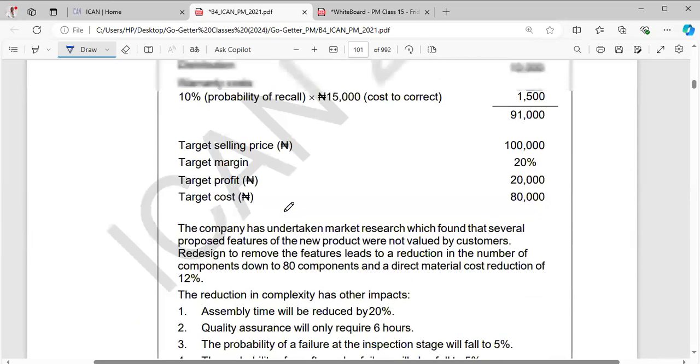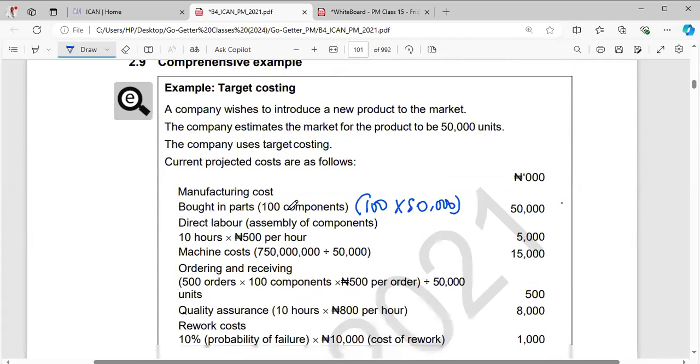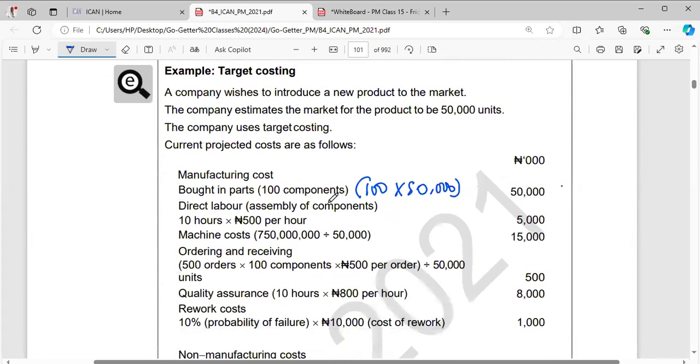So we need to rework this. Instead of 100 now, you're having 80 times 50,000 you did before, times 0.8. Let's see what it will give us.